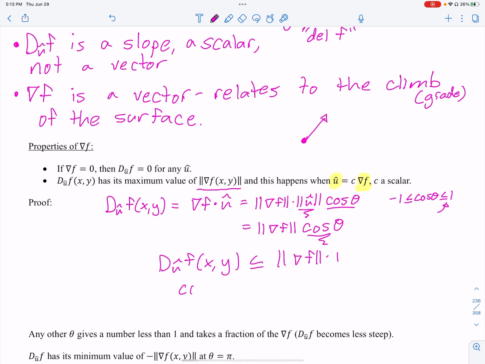Now, if I think about that, for cosine to be 1, that tells me that theta has to be 0. So the angle between the gradient of f and u, the unit vector, is 0.